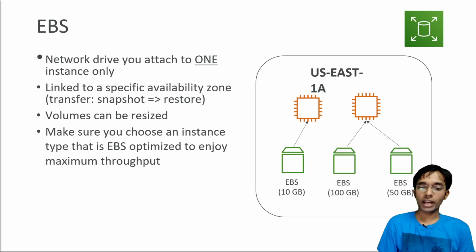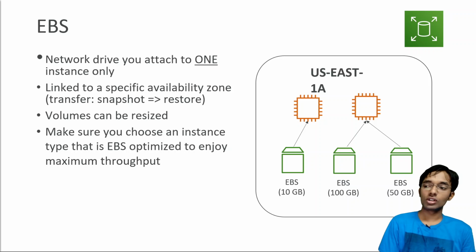As in the diagram, we have an EC2 instance with an EBS volume of 10 gigabytes attached to it, and another EC2 instance with 2 EBS volumes attached of 100 gigabytes and 50 gigabytes. So in one case we have attached one EBS volume, and in another we have attached 2 EBS volumes. This is what this diagram is showing.